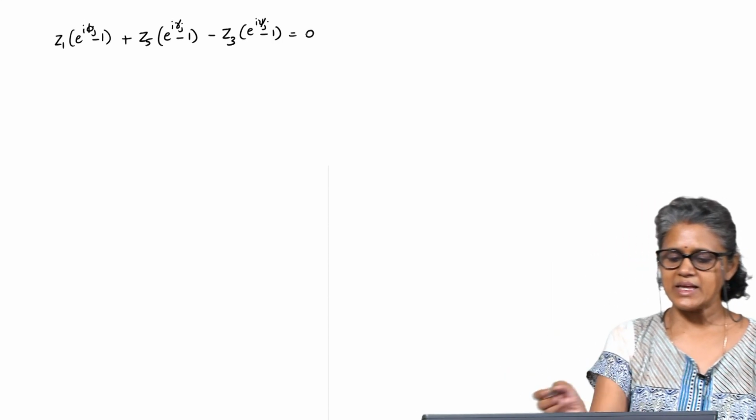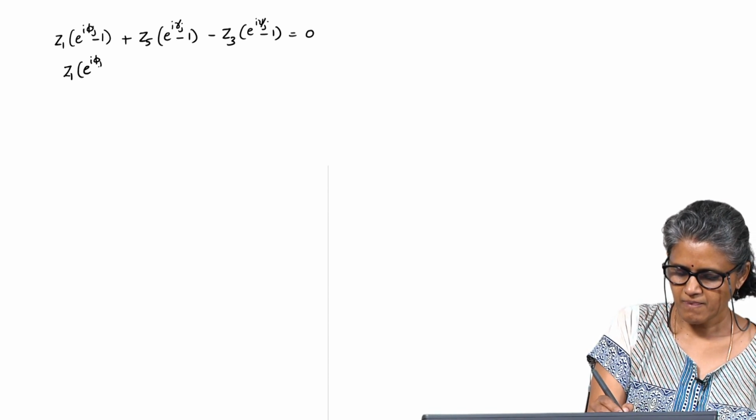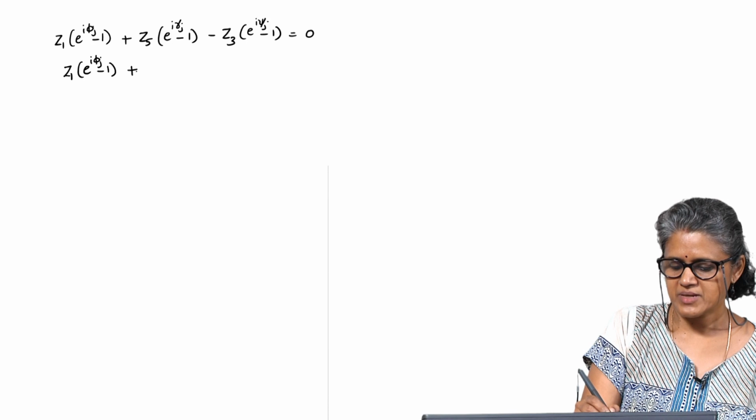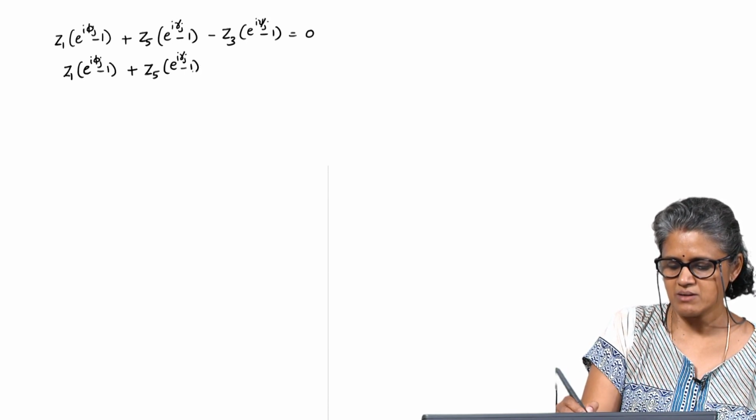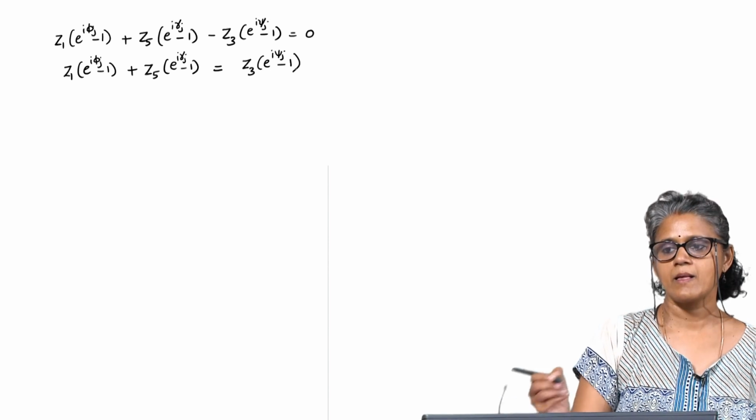I can rewrite this as z1 e power i phi j minus 1 plus z2 e power i gamma j minus 1 equal to z3 times e power i psi j minus 1.